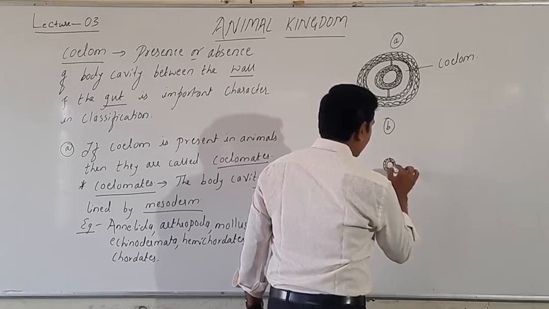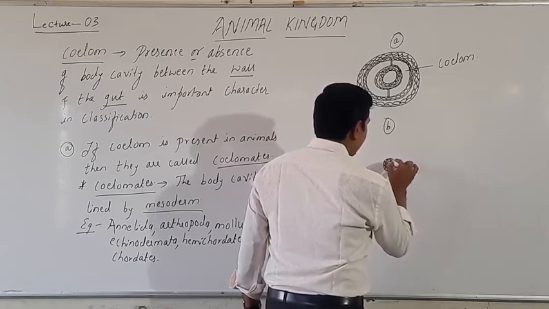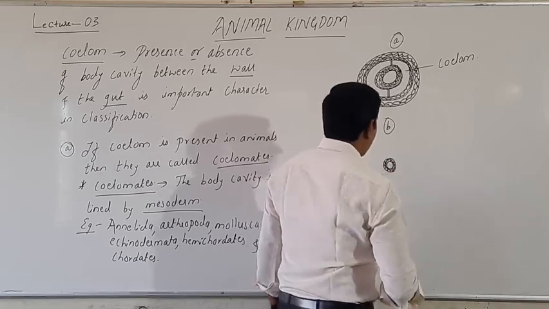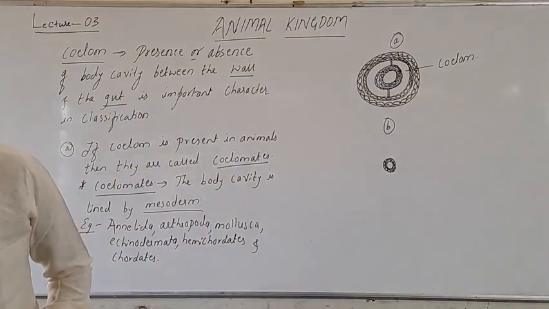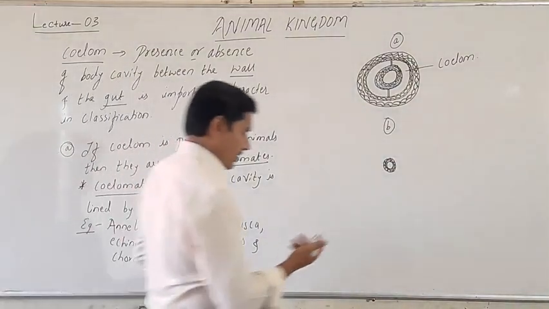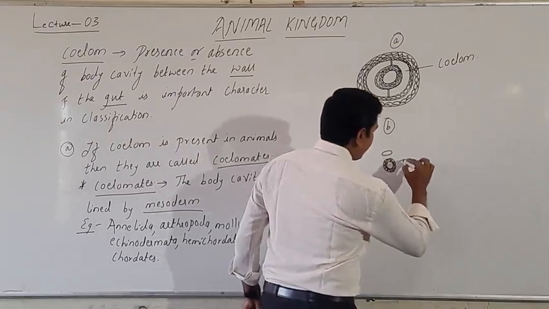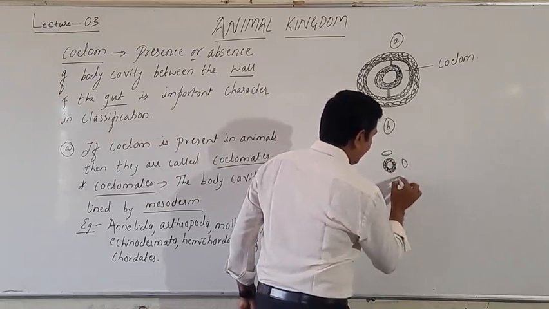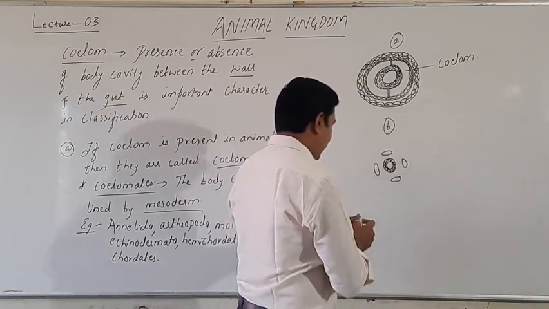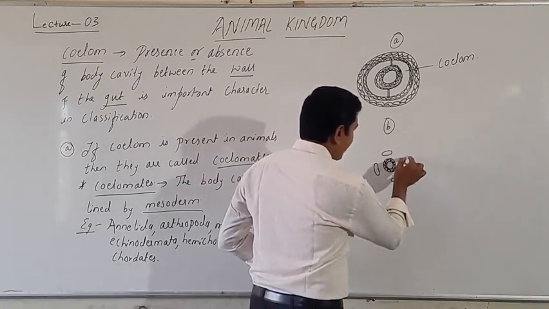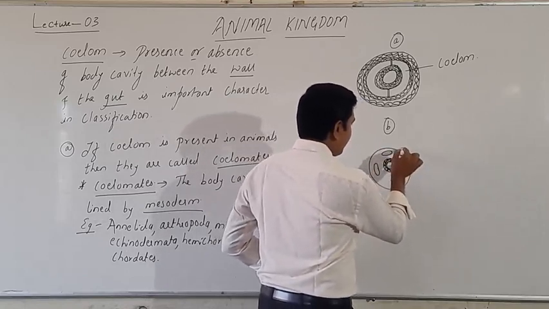Here we have the endoderm. I am drawing from inside to outside. Here we have the endodermal layer. This endodermal layer is lined by patches of mesodermal cells, which is surrounded by the ectoderm.